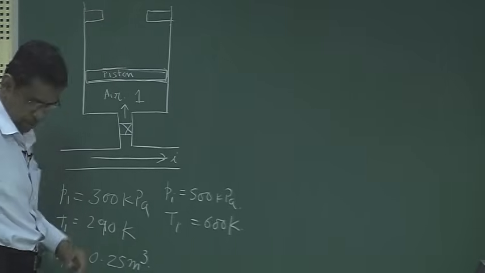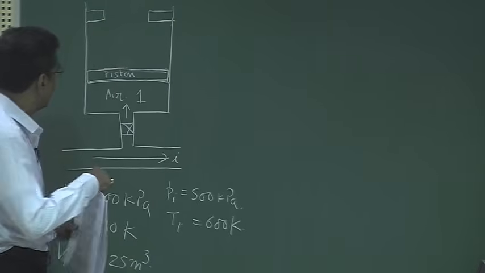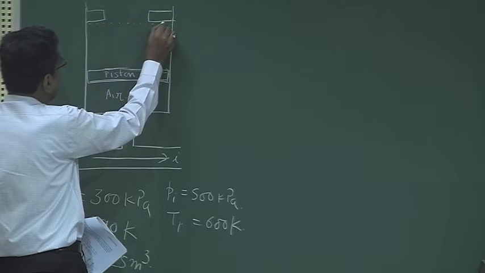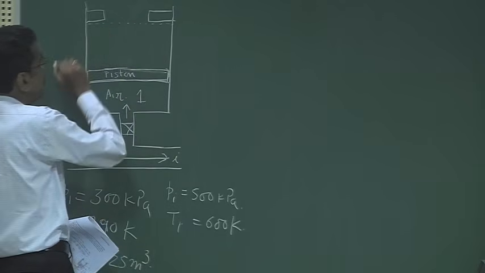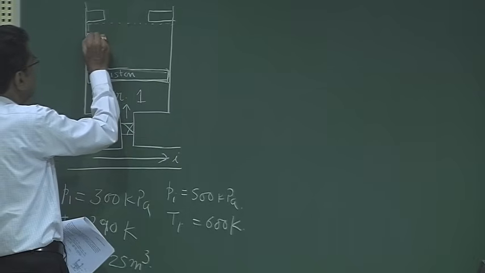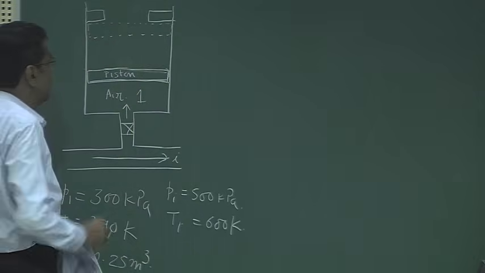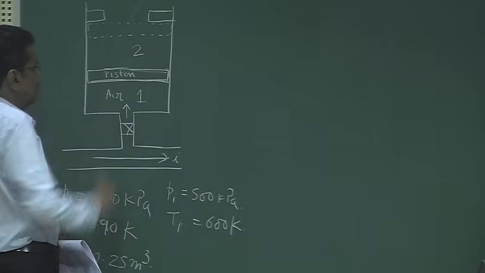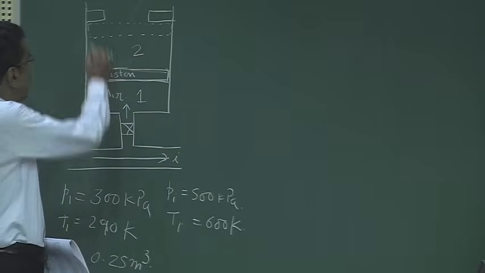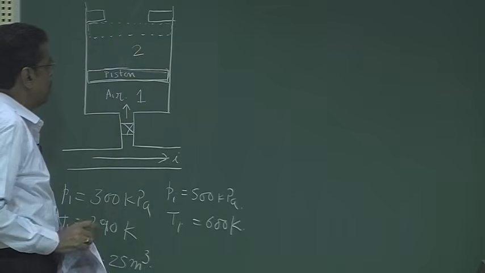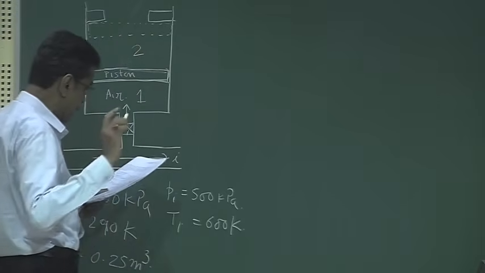Now the question tells that at state 2, that final state, let us consider the piston hits the stop before the final state is reached. We consider the piston reaches the stop before the final state is achieved. I will tell how you know it.